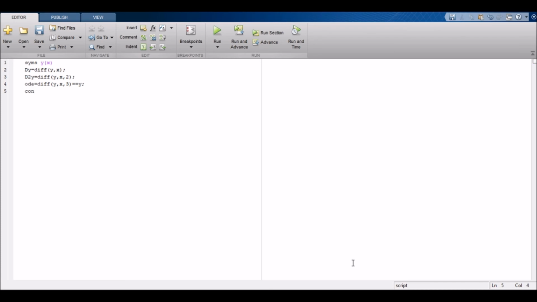Condition 1 equal to y of 0 double equal sign, then 1. Then condition 2 equal to dy of 0 equal to minus 1.